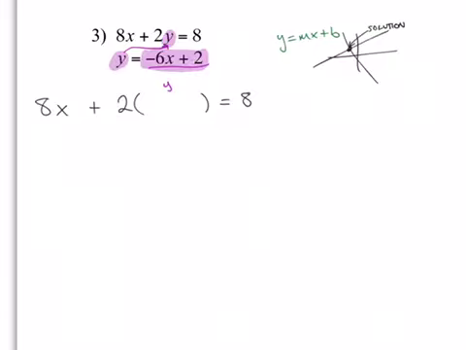The first thing I'm going to want to do is clean up this left side and combine all my like terms. And in order to do that, I'll have to apply the distributive property. So I'm going to get 2 times negative 6x plus 2 times 2 equals 8. So all I did here was multiply the 2 by everything in the parentheses using the distributive property. And then I'll clean that up.